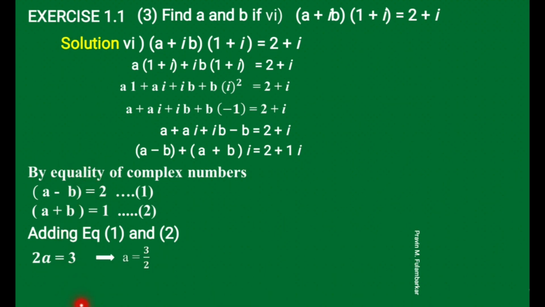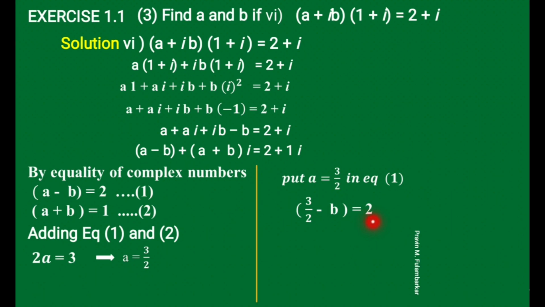Now we substitute this a equals to 3 by 2 in any one of the equations. So we put a equals to 3 by 2 in equation 1. So substituting a equals to 3 by 2 in equation 1, in place of a we write 3 by 2, minus b as it is, 2 as it is. Now transfer this minus b to the right hand side, we get plus b.